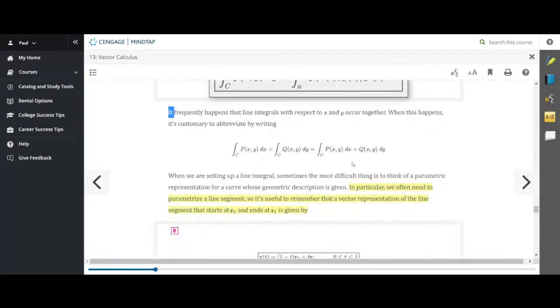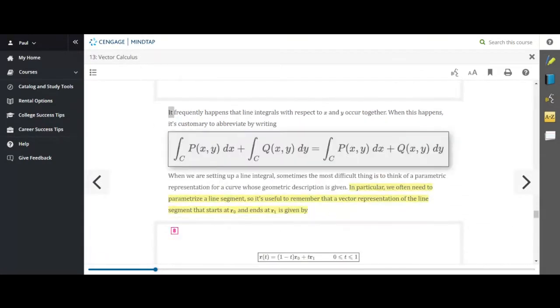So, one thing here that they mentioned is that it frequently happens that line integrals with respect to x and y occur together. When this happens, it's customary to abbreviate the sum of the line integrals, one with respect to x and one with respect to y, with a single line integral on the right there over the curve C, P(x,y) dx plus Q(x,y) dy.